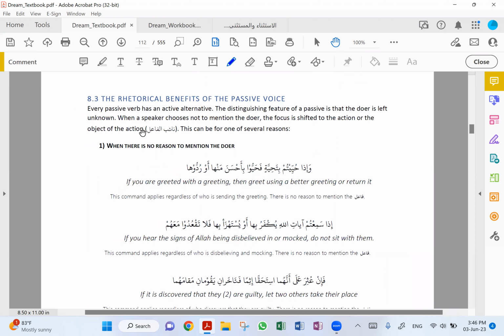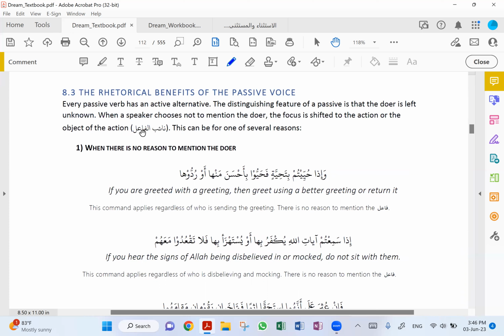So number 1, when there's no reason to mention the doer. Like I don't need to mention the doer. It's not important. It's not going to help in any matter. So I don't mention the doer because it's not important. For example, in the ayah in the Quran, وَإِذَا حُيِّيتُم بِتَحِيَّةٍ فَحَيُّوا بِأَحْسَنَ مِنْهَا أَوْ رُدُّوهَا. You cannot actually mention here the doer, because Allah is just talking about all of us.